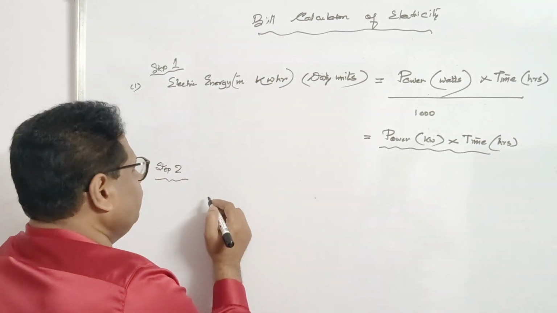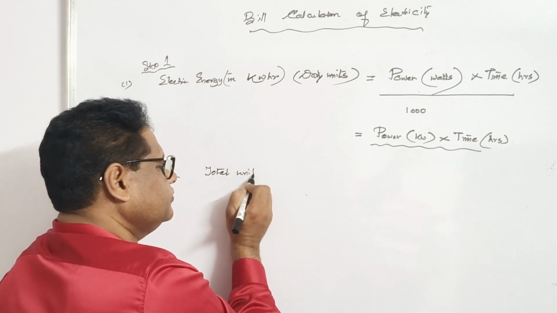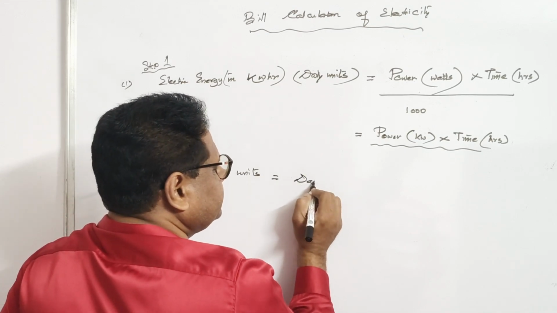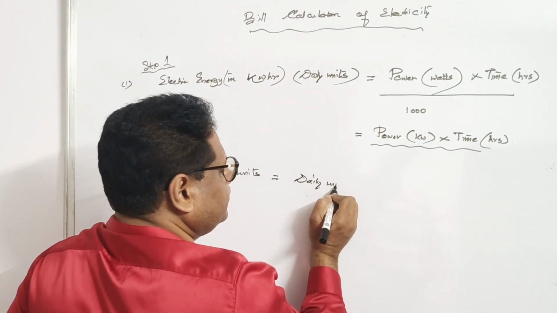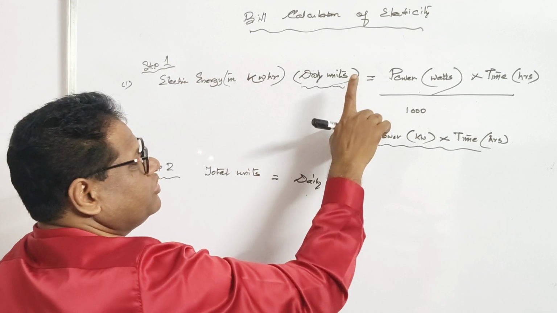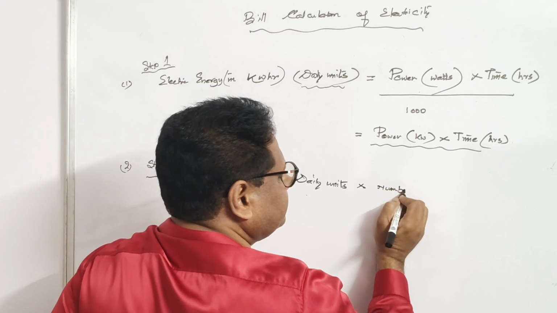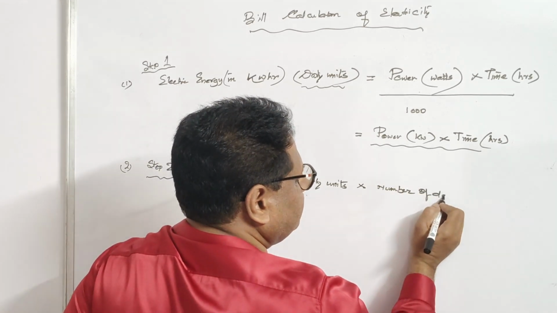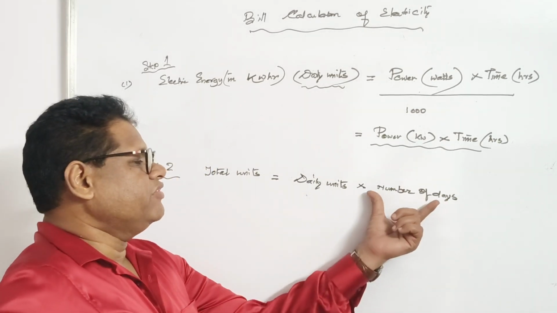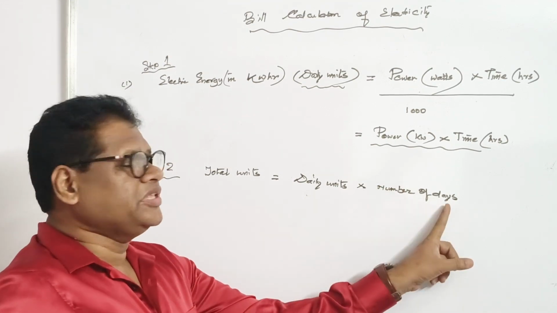For step 2 we have the total units, which equals daily units, the units consumed in one day, multiplied by the number of days. Suppose you are consuming for 7 days, then it will be 7 days, that is a weekly bill. If it is a monthly bill, then multiply by 30.